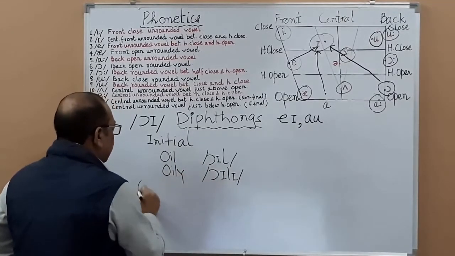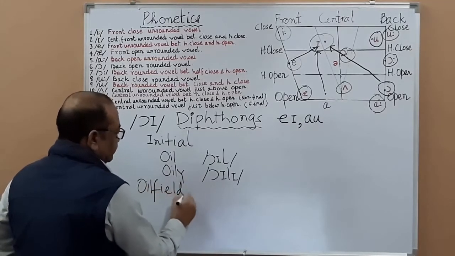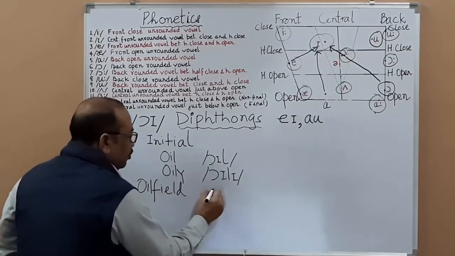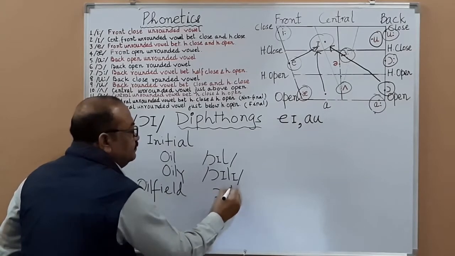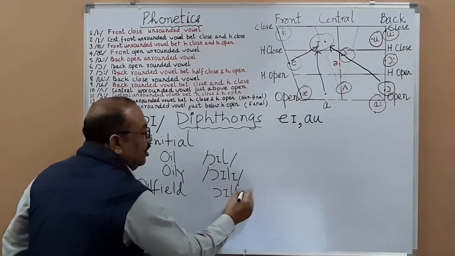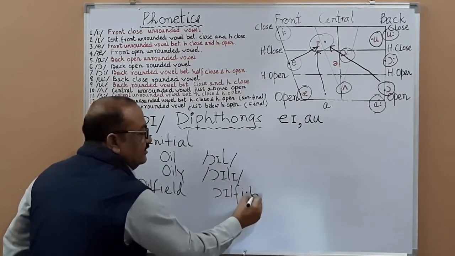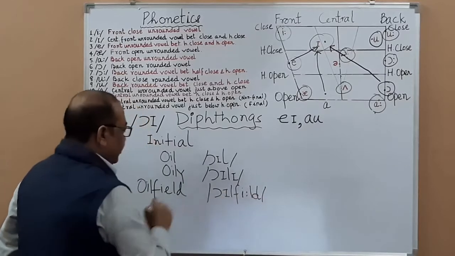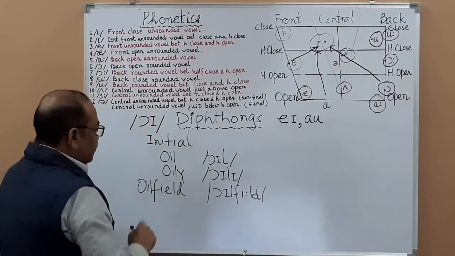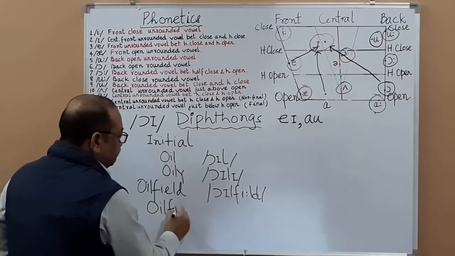So oil field, let us take. First you write oil, then you write field. Now here you have long E sound. This is how you write oil field. And the next word can be oil fuel.